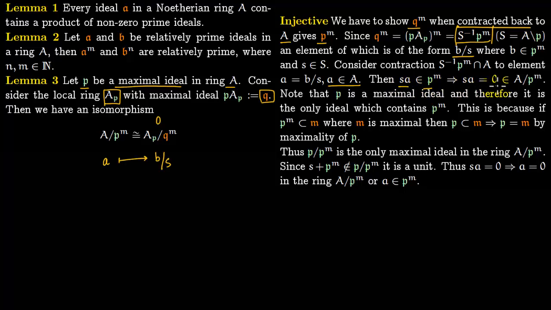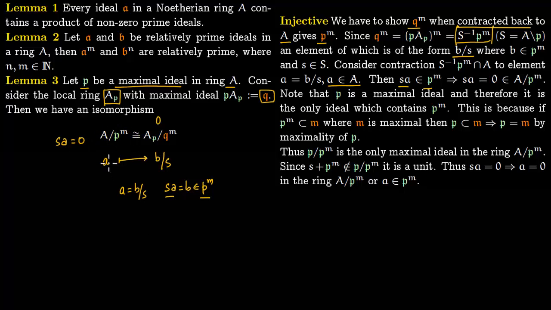This implies sa is just 0 in A modulo P^m. So you have a equals b over s, so sa is equal to b. b is in P^m, so sa is in P^m. So now we are here. sa is in P^m, so we have sa is just 0 in this ring.